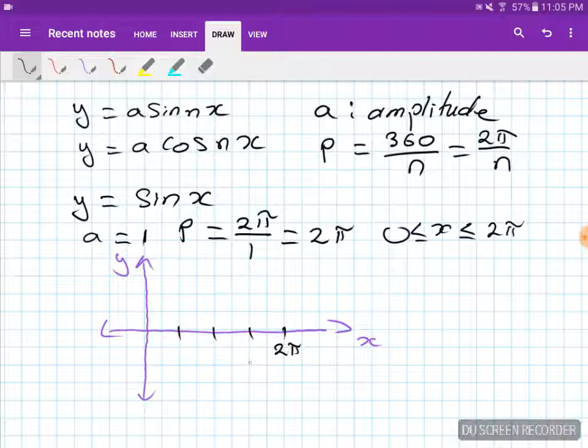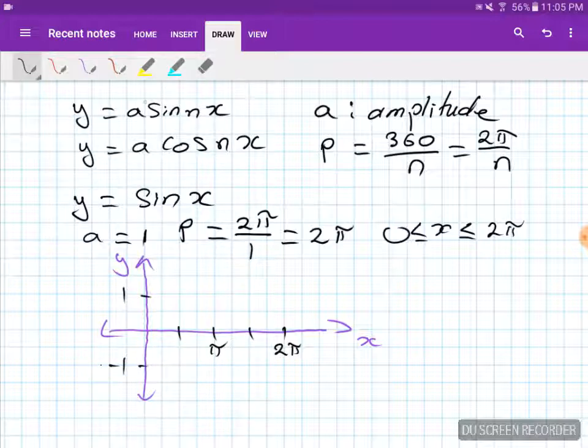Half of that is pi, then pi over 2 and 3 pi over 2. Amplitude is 1, so roughly this is 1 and this is -1.